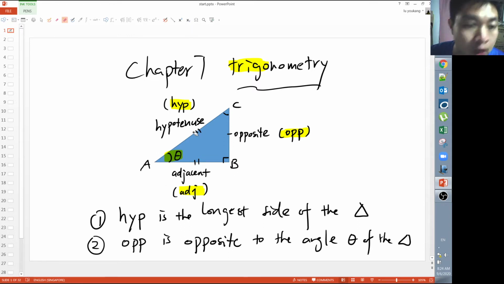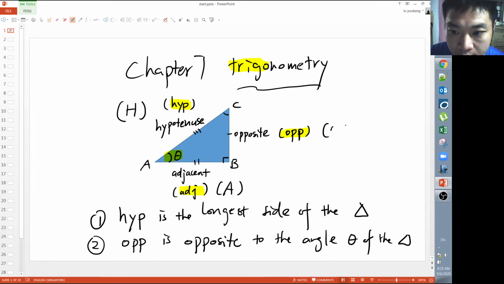Okay, so in fact, for our convenience, I'm going to use just the first letter of each side to represent them. Okay, so for the adjacent, I'm going to use capital A. For the opposite, I'm going to use capital O. And for the hypotenuse, I'm going to use capital H, to represent all of them.